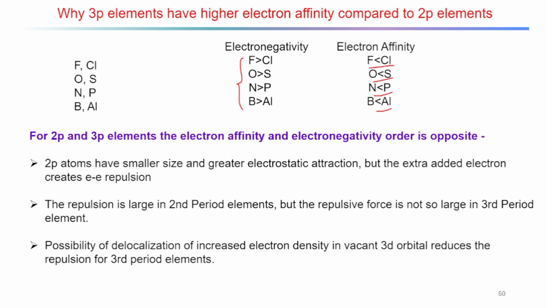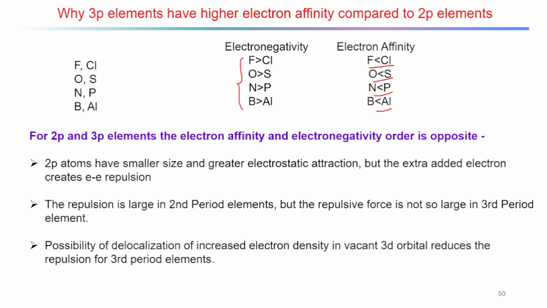Now the repulsion is large in second period elements, but the repulsive force is not so large in third period elements. 3p has bigger size compared to 2p, right? So when we are adding an electron in the 2p, the electron-electron repulsion is very high. But if we are adding an electron in the 3p, it can manage, it is not that high.